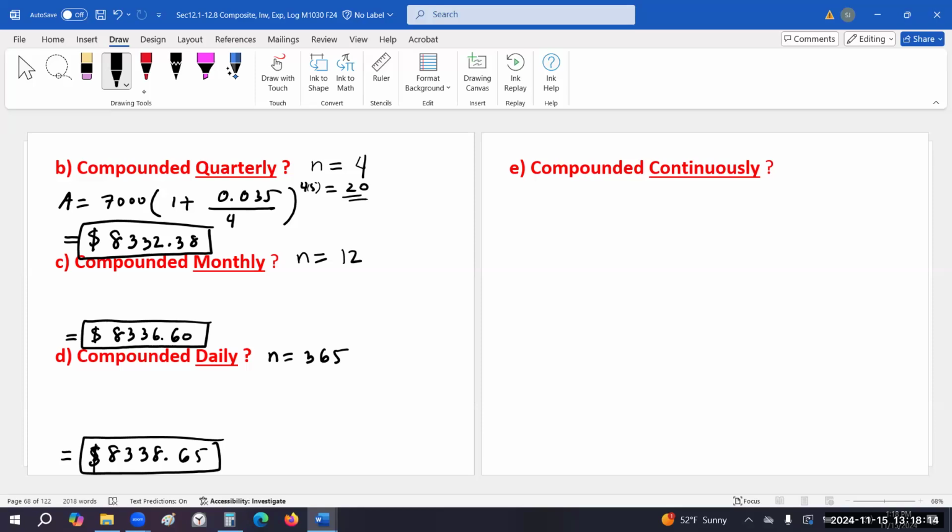The continuous final is different, because for continuous we cannot get a number for n.